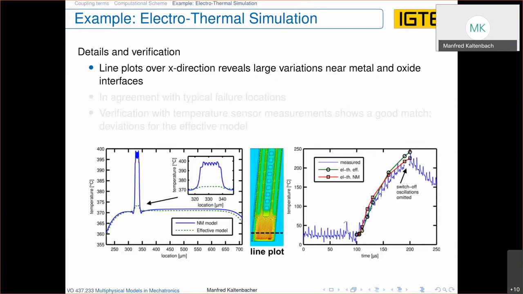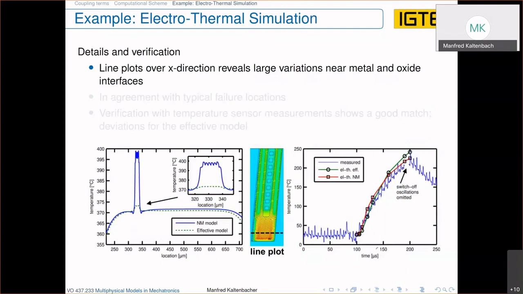And what you can see here is also that we get here clearly a better match to measurements when we fully resolve the temperature sensor in such a case. So you see here just due to a switching on of the device, how the temperature increases, and you see that it is also in a very short time it increases.